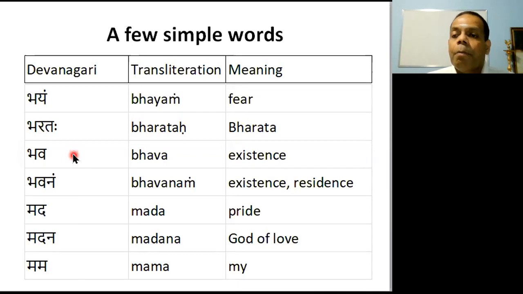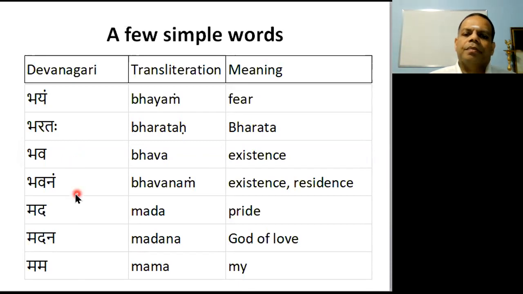Bhava, bhaya, I think everyone comes across those words. Bhava means existence, to exist in this world, the samsara sagara, where we take birth and we die. Bhava, to be.